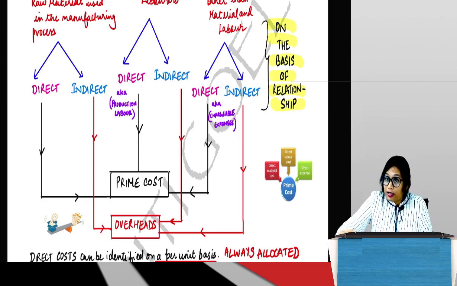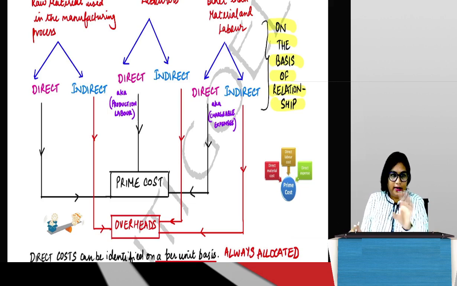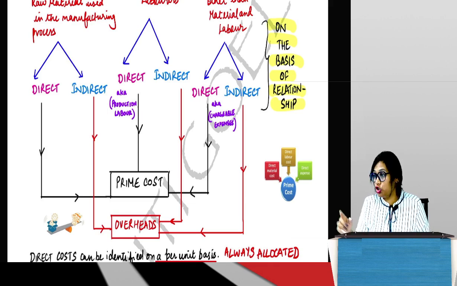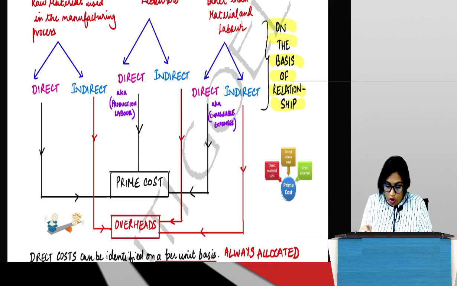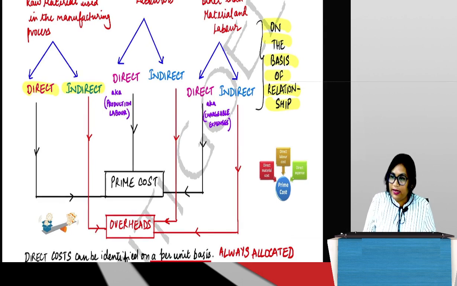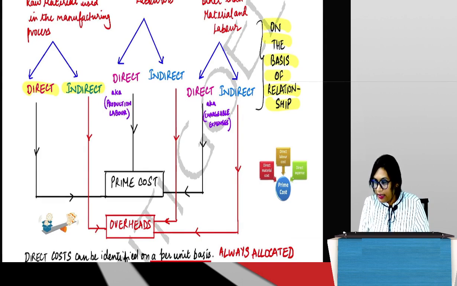Material can be classified into direct material and indirect material.